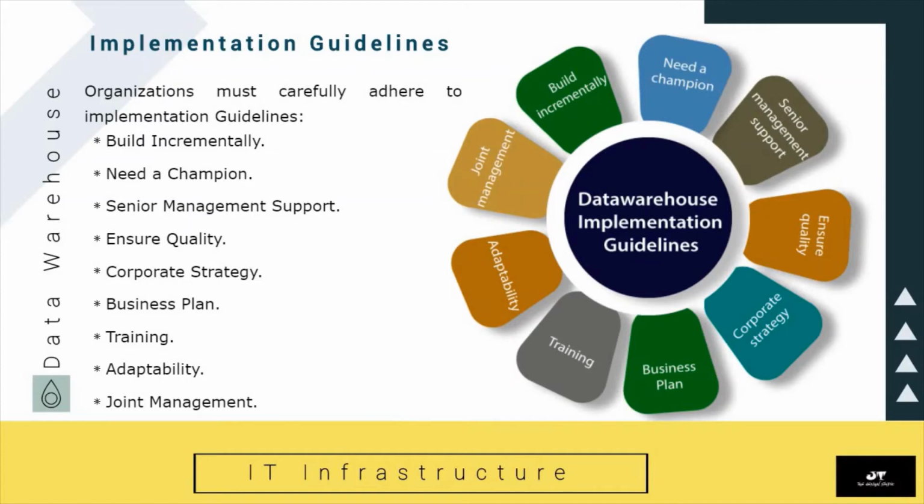Like any system, a data warehouse will require change, as the needs of an enterprise change. Ninth, joint management. The project must be handled by both IT and business professionals in the enterprise to ensure proper communication with the stakeholders, and since the project is designed for assisting the enterprise's business, the business professionals must be involved in the project, along with technical professionals.